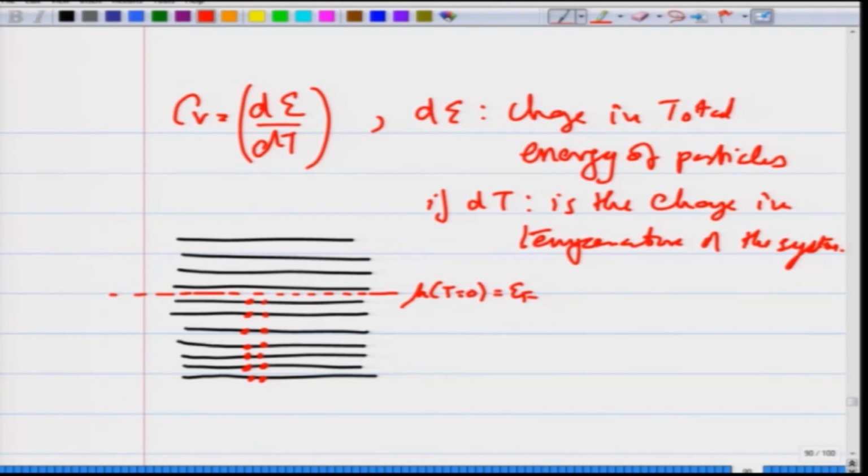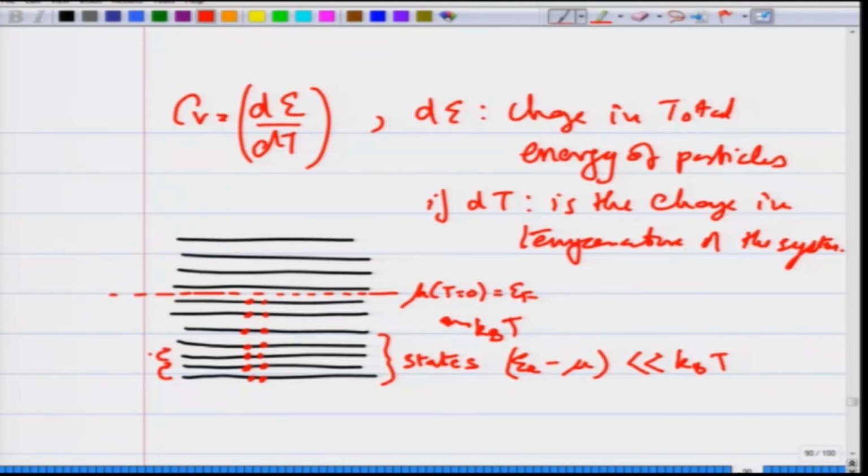Now, in this situation, if you apply heat to the system, if you supply heat and kBT to the system, states whose Ek minus mu is much less than kBT, states whose energy Ek from the Fermi energy, if the distance of these states from the Fermi energy is much less than kBT, then kBT will not be able to cause any excitation of these particles.